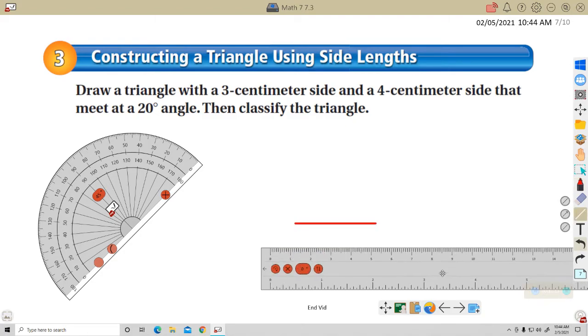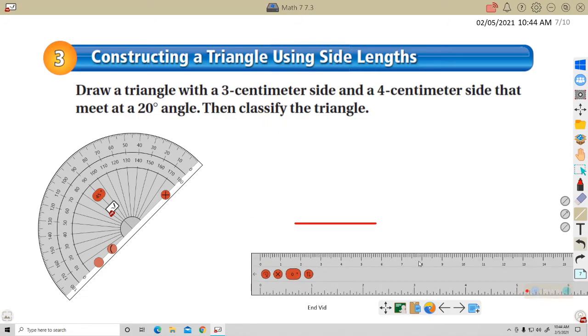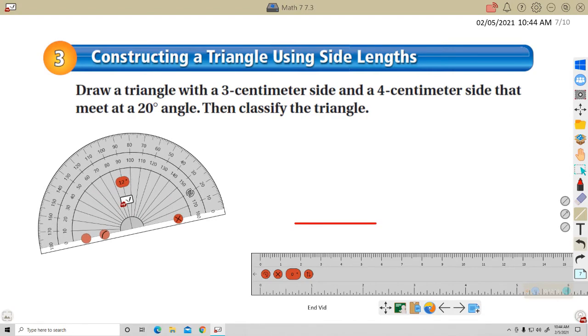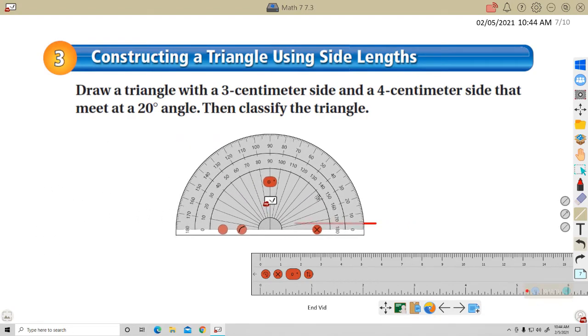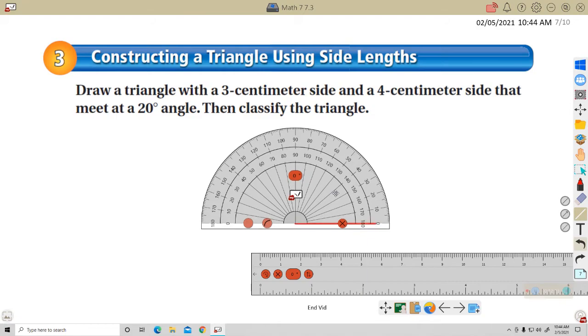Now I have to put a 20-degree angle in over here. Let's see if I can do this. So I put the center point here at the end of my line, and I'm going to mark out here 20 degrees, which is right here.